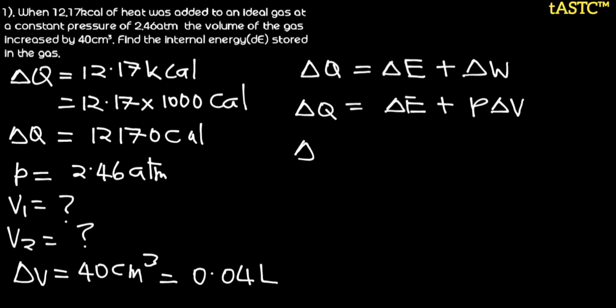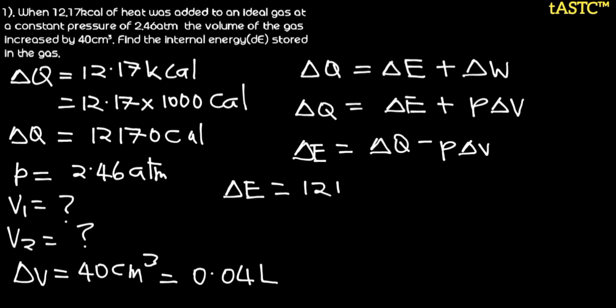So I'm going to make that the subject, and this is going to be dQ minus pdV. So let us go ahead and find it. dQ, of course, is 12,170, and this is minus P. P is 2.46, and we're going to multiply this with the change in the volume, which is 0.04.